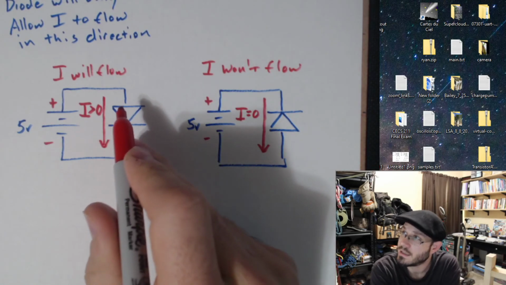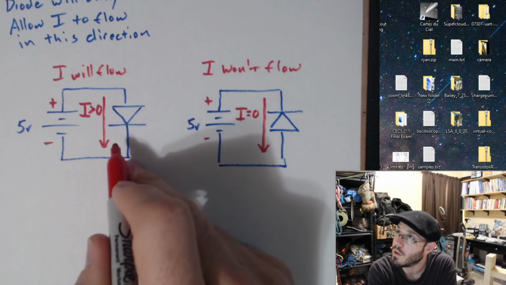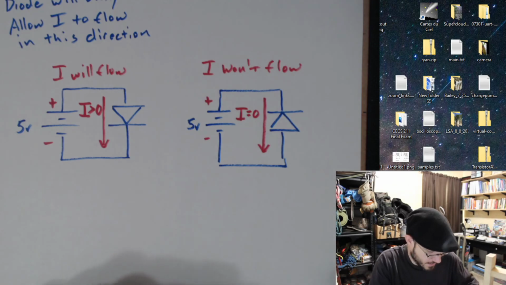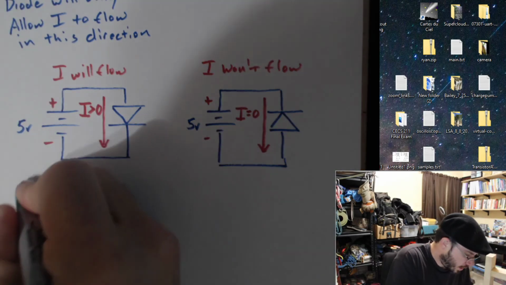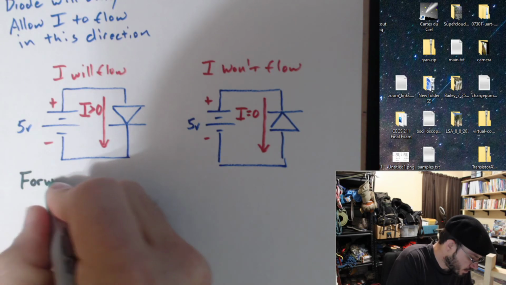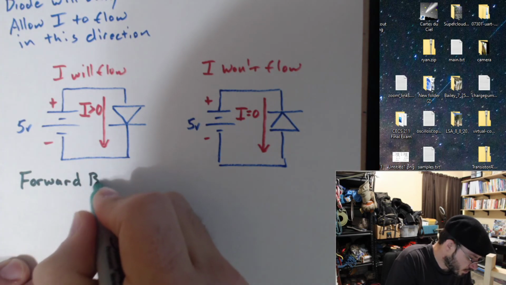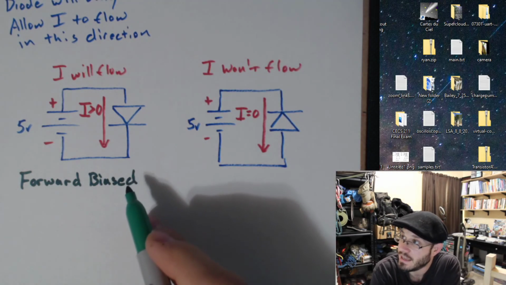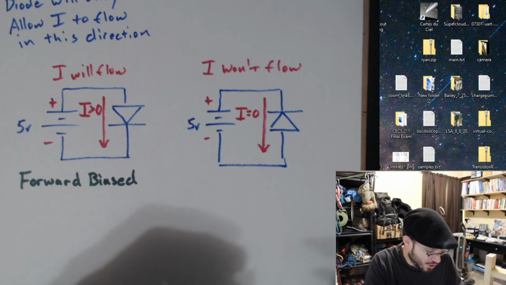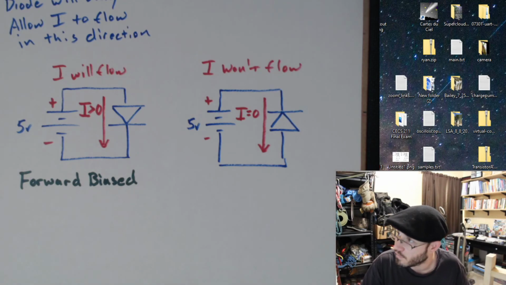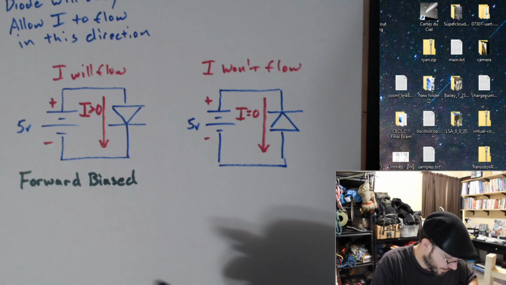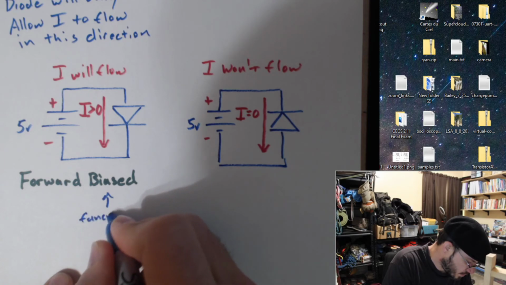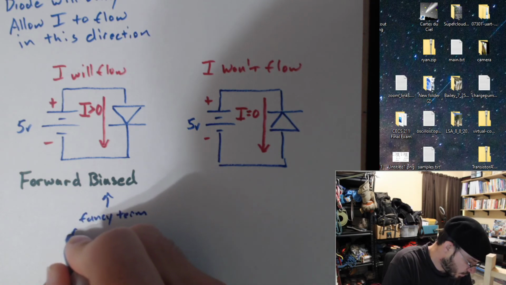Okay, and we've got some special terminology for this. If the diode is permitting the current to flow through it, we will refer to this as forward biased. Forward biased. Okay, biasing is a fancy word for applying a voltage, applying the polarity of the voltage a specific way.